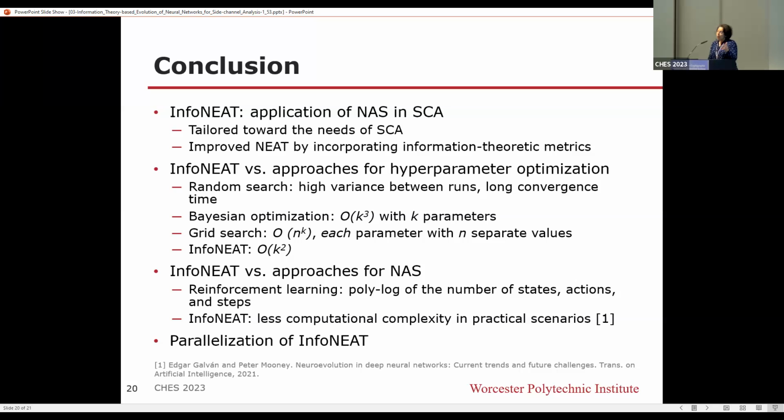But this holds in general, you're right, and in different applications it is useful. I don't want to spoil it, but we are using that now for another application. And thanks to the very small neural networks that we have, it is a good fit for any problem that should be implemented at the edge. If you have a neural network at the edge, you may consider applying InfoNet.